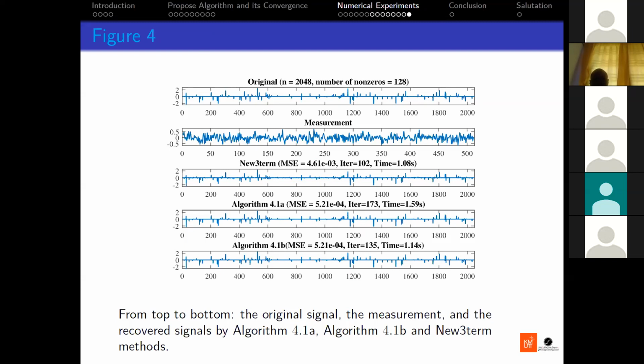But you can observe that in all three metrics, the new three-term method has the least error, the least number of iterations of recovery, and the least CPU time. So this makes the new three-term method a very efficient method compared with some existing methods in solving nonlinear monotone equations and also in signal recovery problems.